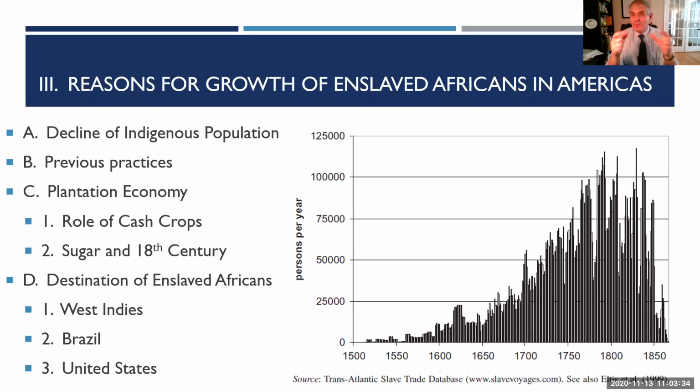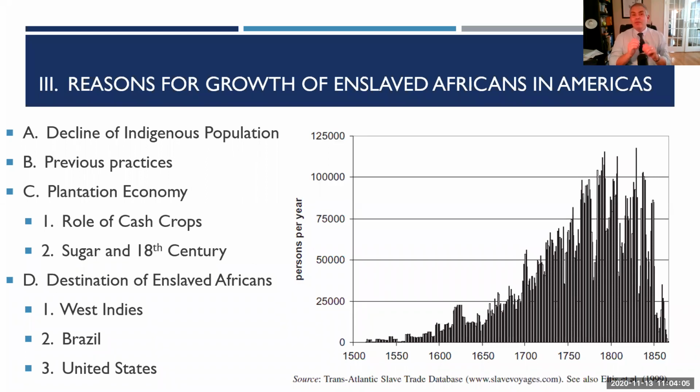So Brazil, a Portuguese colony, is going to see the second most number of enslaved Africans arrive. And then your third one is the United States. And that's going to be largely in the South, but before the Revolutionary War, definitely up and down the 13 original colonies. So one of the things you want to recognize is that the destination is all over the Americas, with most of it concentrated in the West Indies.